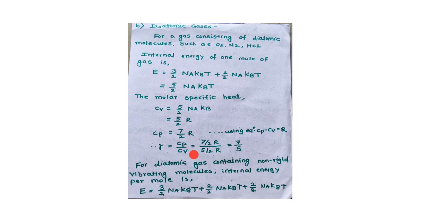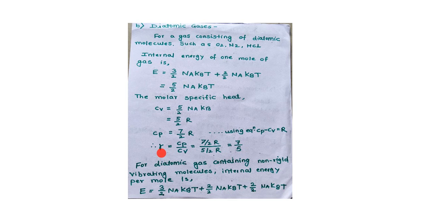Here put the value of Cp, 7/2 R, upon the value of Cv, 5/2 R. Solving this, 2 and 2 get cancelled, R and R get cancelled. The final value we will get is 7/5. This is the ratio of the two molar specific heats, 7/5. That is the value of gamma.